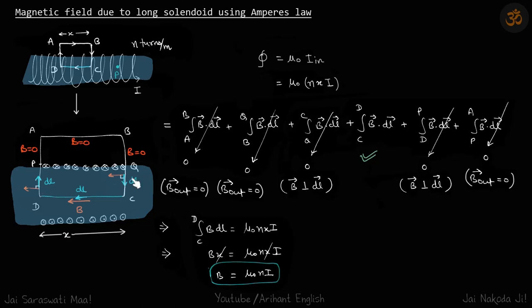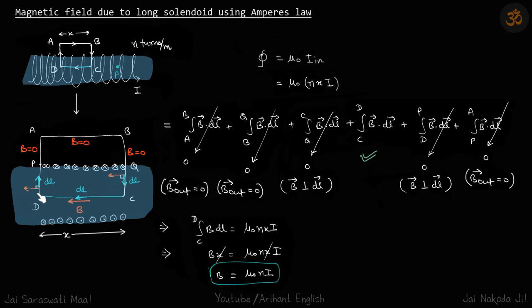Why is B perpendicular? Because again by symmetry, this is an infinite solenoid. So at any point, the field has to be parallel to the axis. Because it's symmetric, it cannot be at an angle.